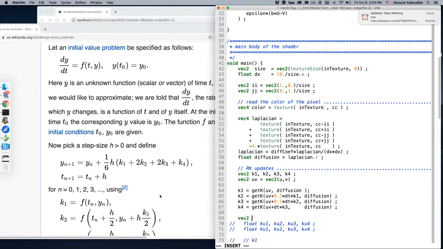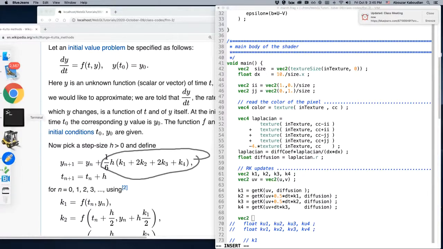Now, this portion can be written as the derivative of u, right? So this is the change in u and v.